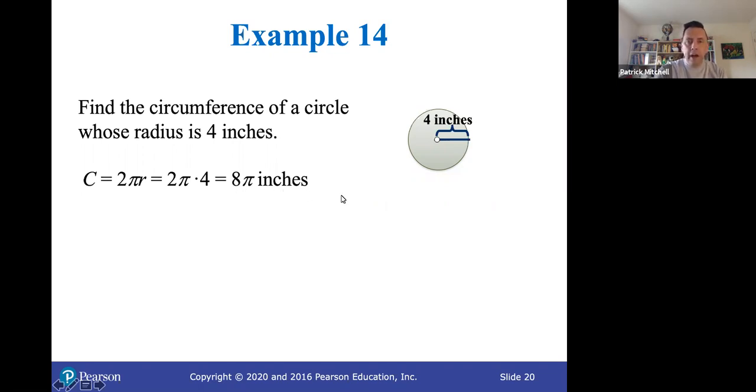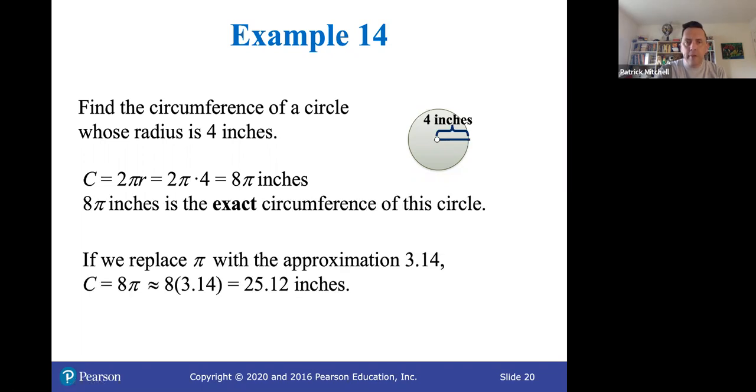All right, or if they're asking you for an approximate answer and you replace pi with 3.14, you get the approximate circumference of the circle is 25.12 inches. And depending on what kind of online homework program you're using, sometimes they might ask you to use 3.14, and sometimes they might ask you to use 22/7.